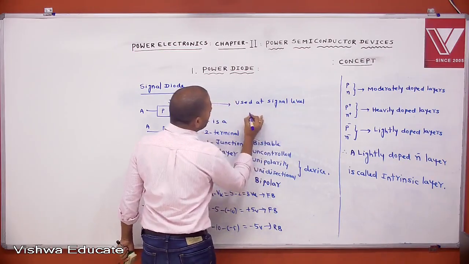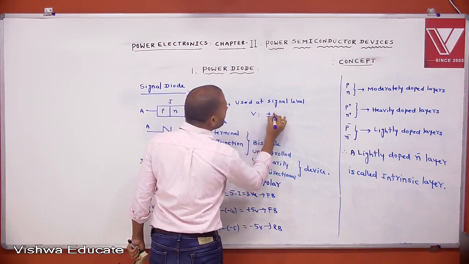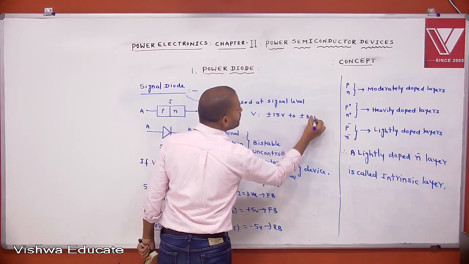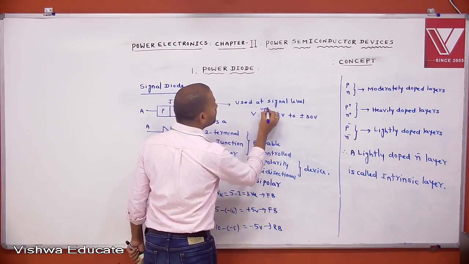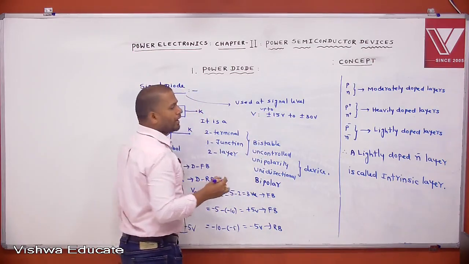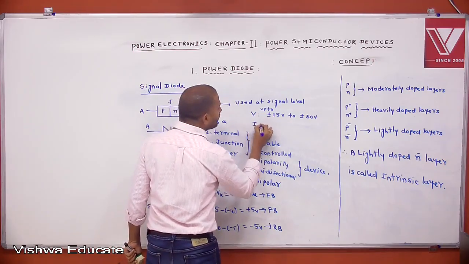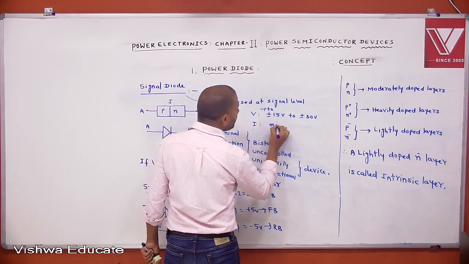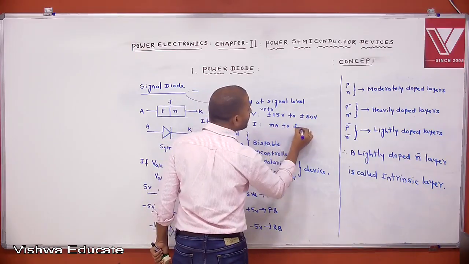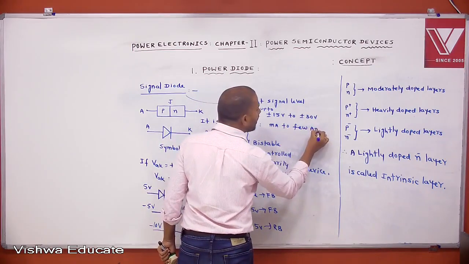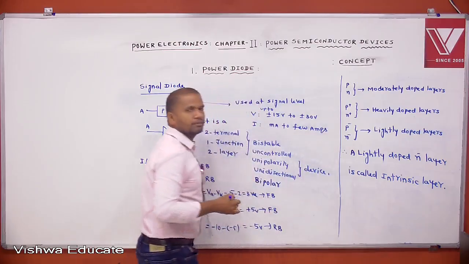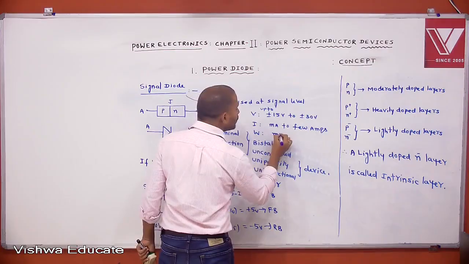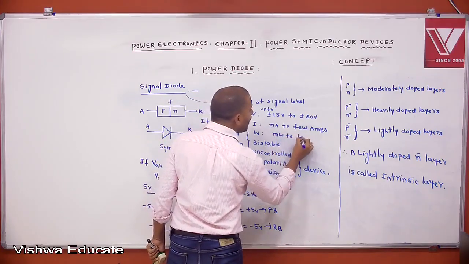Signal level means for a voltage of plus or minus 15 volts up to plus or minus 30 volts, for a current of milliamperes to a few amperes, and for power of milliwatts to a few watts.